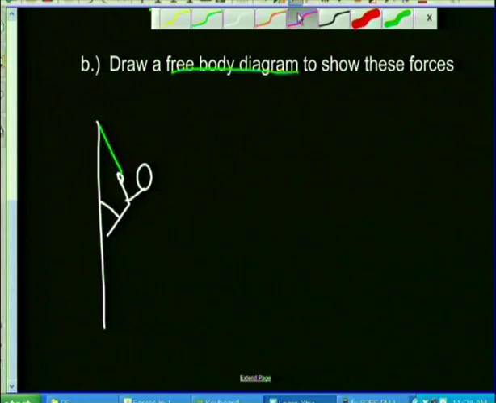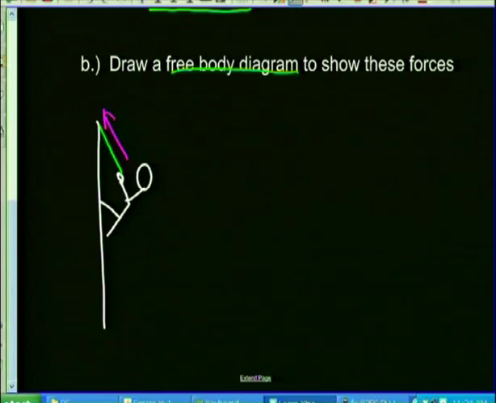Well, there's definitely a force of tension in the rope, and that rope is holding him, so I guess the direction of that rope must be pulling him upwards. So we're going to say this is a force of tension. What else? Well, we know that he's pushing with his foot against the wall, so there must be a force in that direction, because he's pushing away.